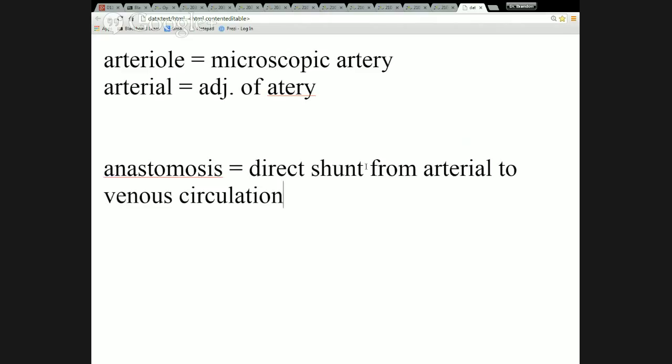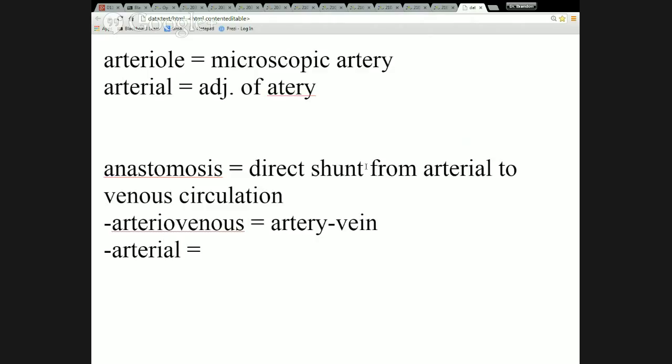There are 2 types of anastomoses, which is the plural. In that picture, there's an arteriovenous anastomosis, which means artery to vein. There's also an arterial anastomosis, which means artery to artery.